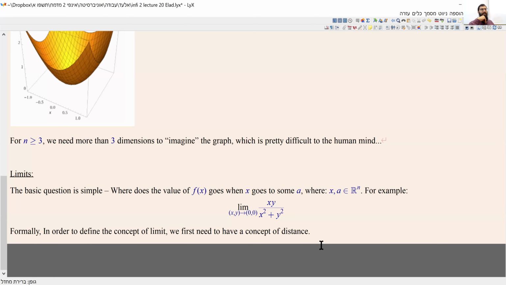How do we define distance between two vectors in Rn? Now we know how to do it from linear algebra 2. How fascinating how everything connects.